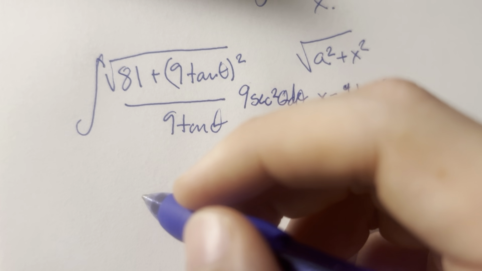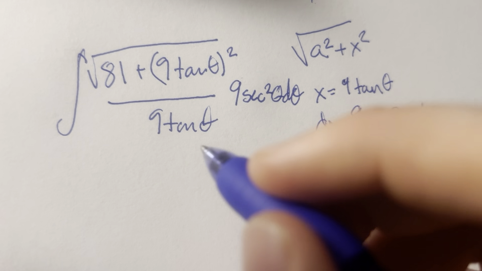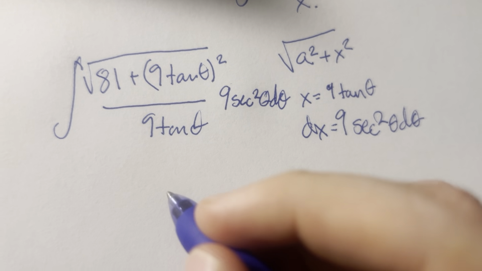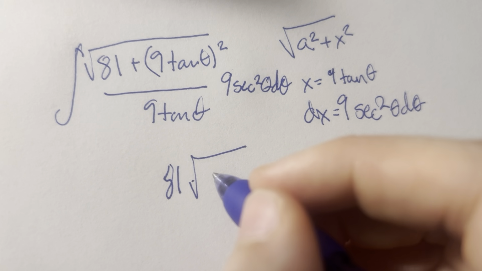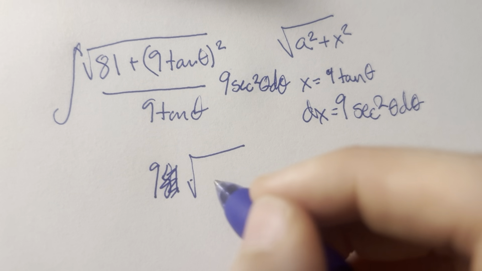So now we're solving for this integral. The first step would be to take out this 9. That would give us 81 that would give us 9.